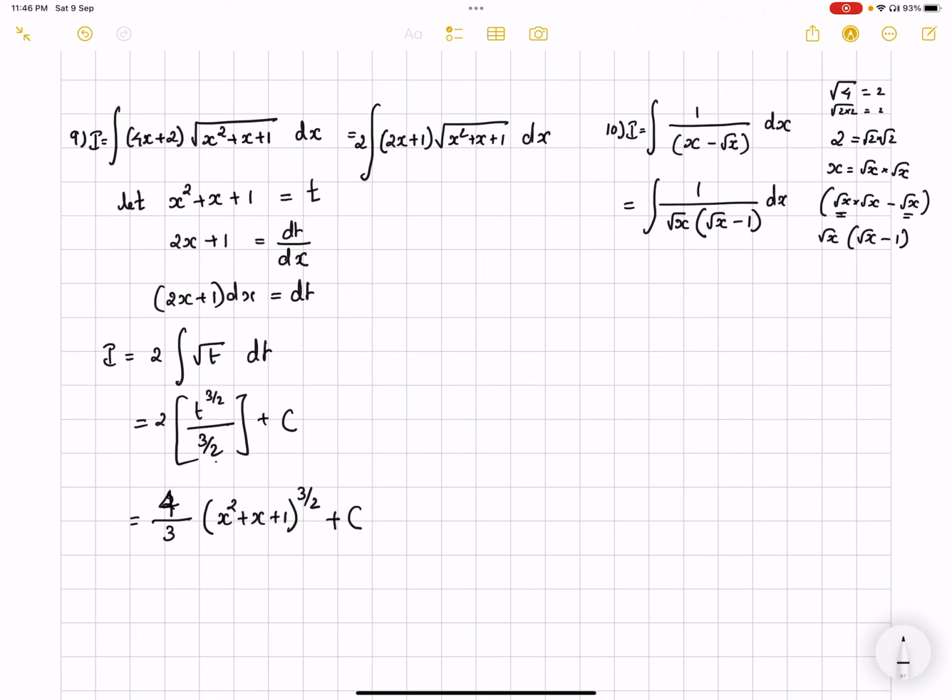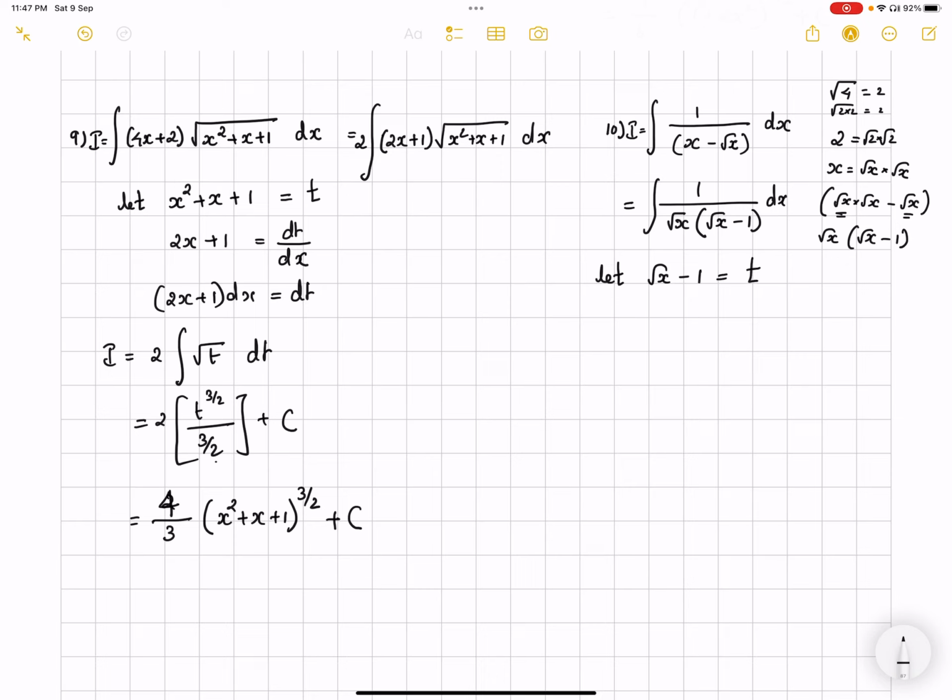Now here which one should I go for substitution? Obviously, I would be going with root x minus 1 because when I differentiate root x, that is x to the power 1/2, I would be getting 1/2 into x to the power minus 1/2, which is nothing but 1 by root x. So that other part of my question is available. So now let's go with the substitution. Let root x minus 1 be equal to t.